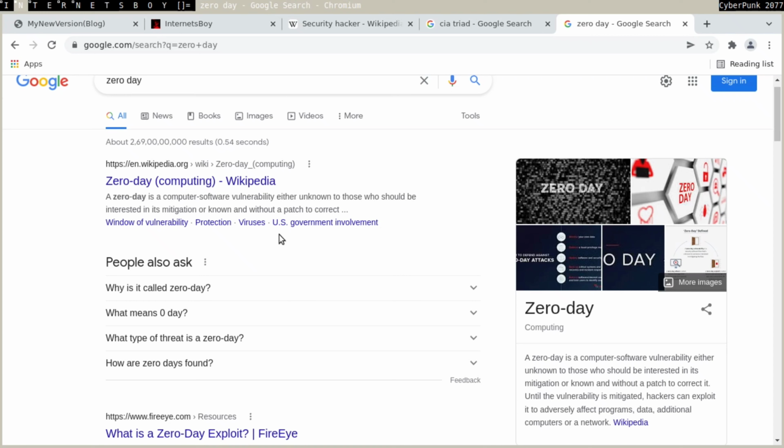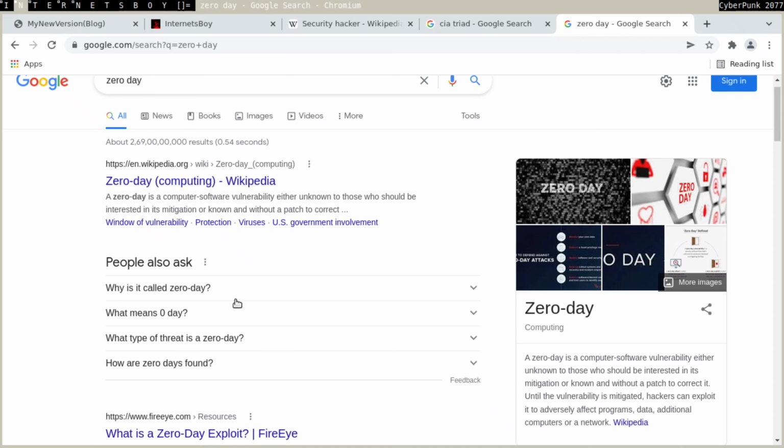Why I'm taking this 0-day so seriously is because an exploit which is not known is called a 0-day exploit, and an attack by an unknown exploit is, of course, called a 0-day attack. Makes sense, right? Because it's an attack from an unknown exploit.